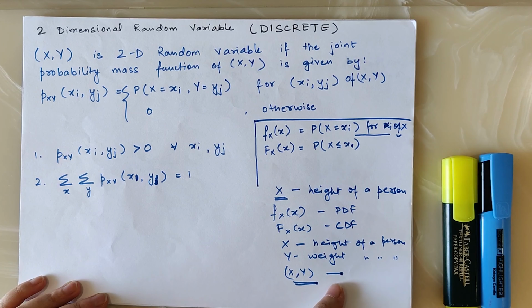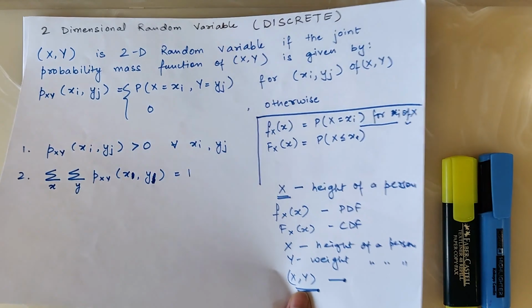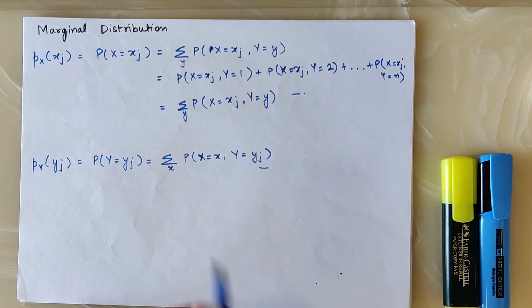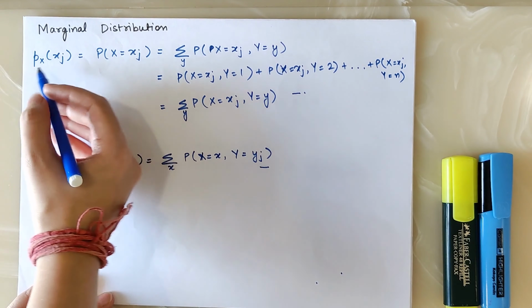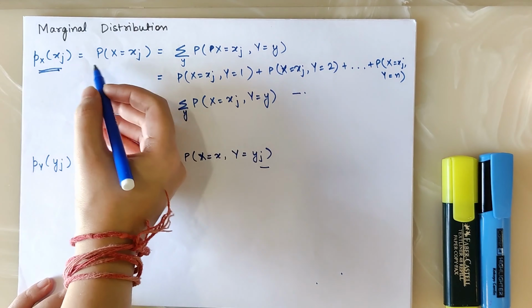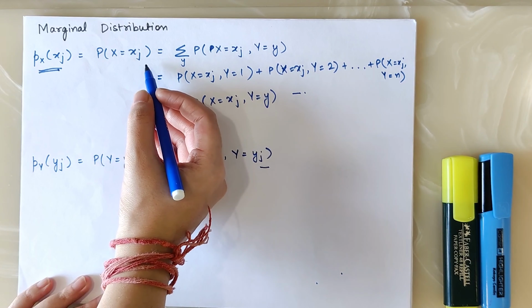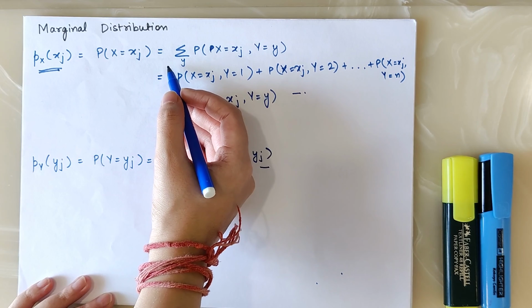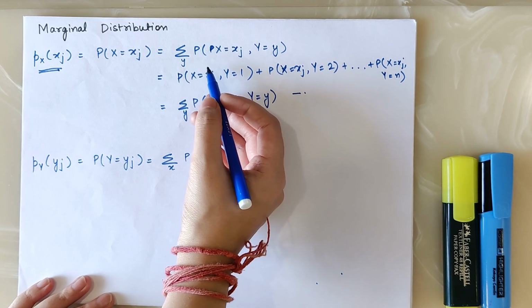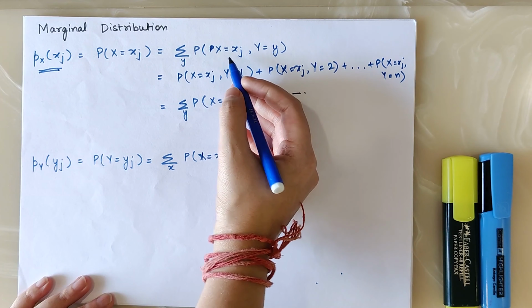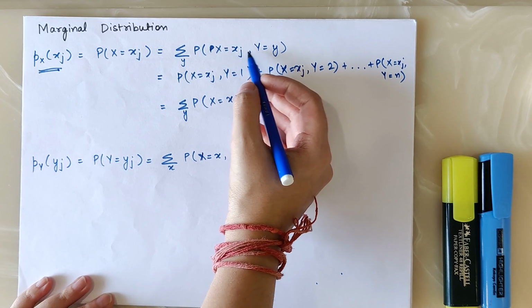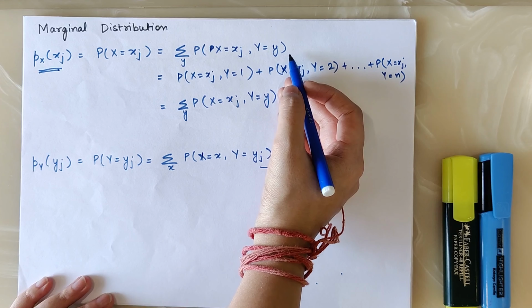Now let's move on to the marginal distribution for x and y. The marginal distribution of x is given by probability x is equal to xj, which is equal to the summation over y of the joint probability, x is equal to xj and y is equal to y.